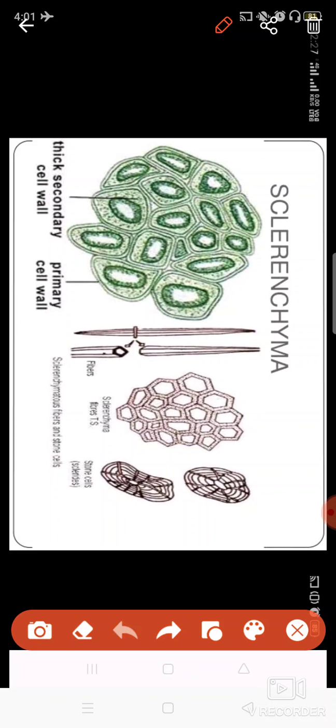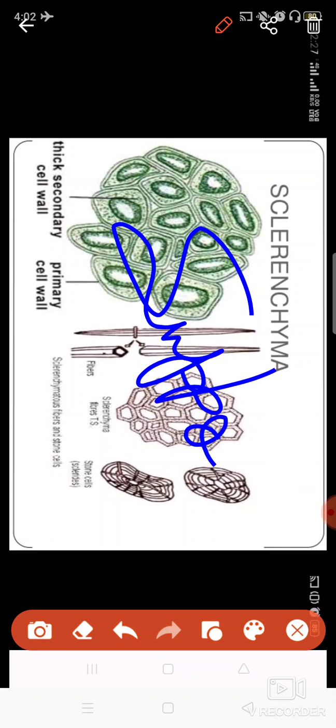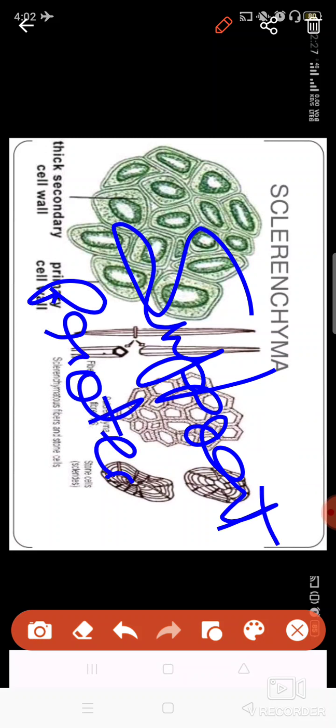So sclerenchyma are the only simple permanent tissues which are dead, and function-wise they provide support and protection to the cell. Where are these present?